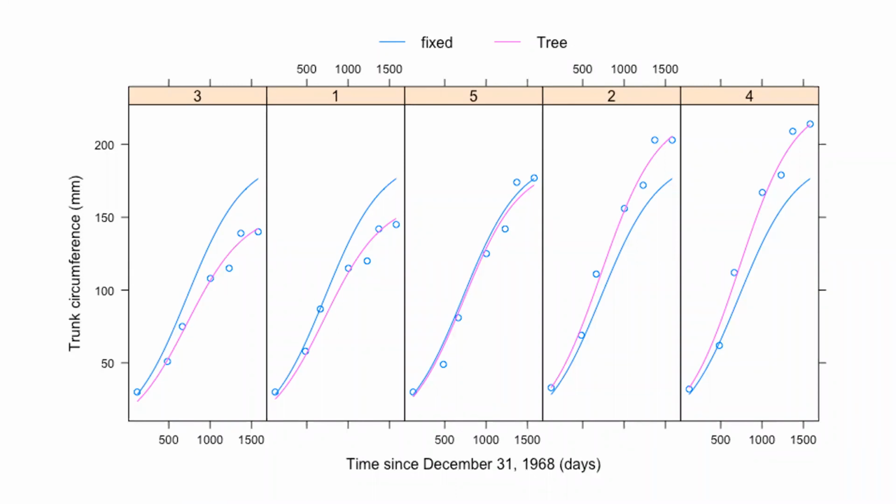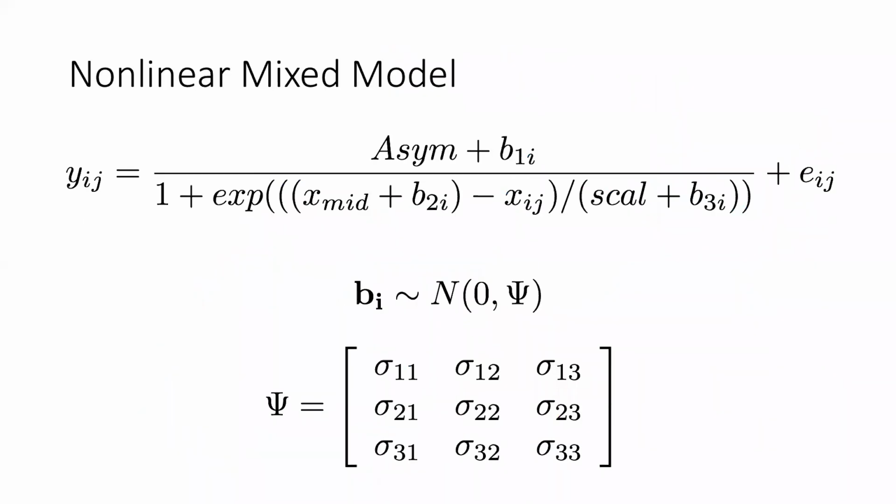So now that you understand, or I hope I explained reasonably well, the random effects model, we can think about a nonlinear mixed model as the same thing as before, but now we just have a nonlinear relationship among the parameters. So for the logistic model that I explained before, we have the asymptote, and we have some random deviation that is due to tree.